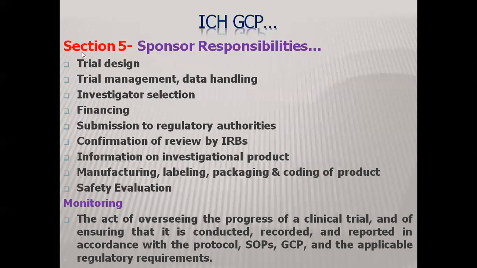Then, continuing the sponsor's responsibility, he also has to look into the trial design, trial management, data handling, investigator selection, financing, submission to regulatory authorities, confirmation of review by IRBs, information on the investigational product, manufacturing, labeling, packaging, and coding of the product. Safety evaluation is also to be monitored by the sponsor.